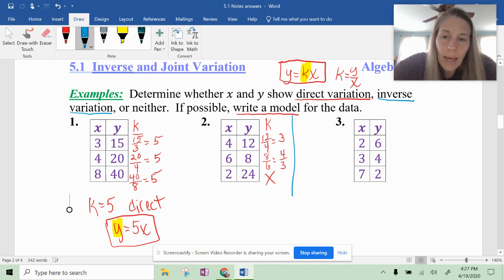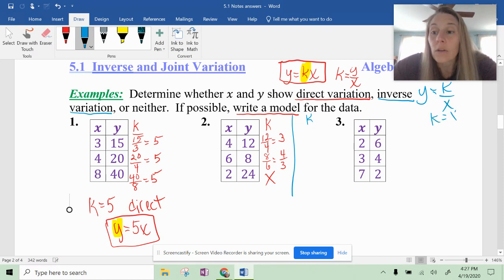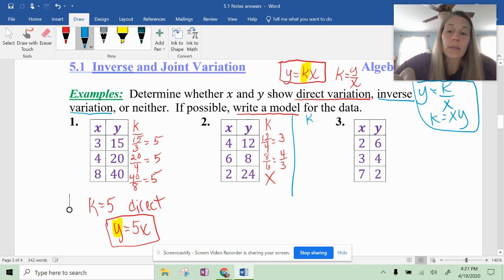So if we're going to do that, this time, remember inverse variation is your constant divided by your x. So to find the constant, you multiply x times y. So that's what we're going to do here. So this time, let's see what happens. So 4 times 12 equals 48. 6 times 8 equals 48. 2 times 24 equals 48.